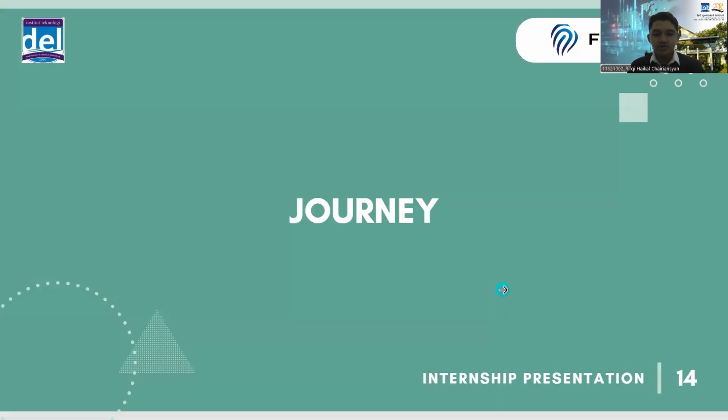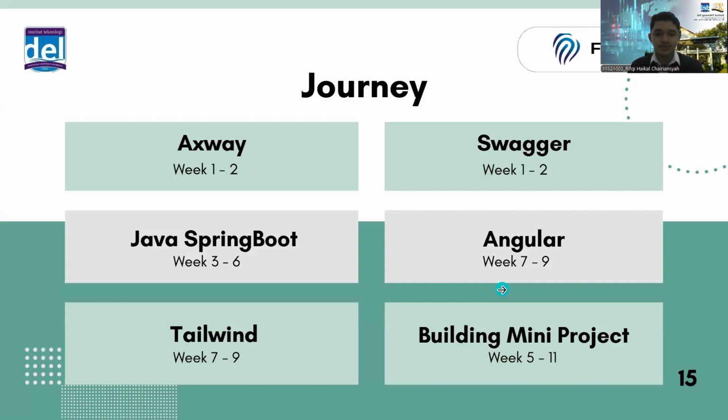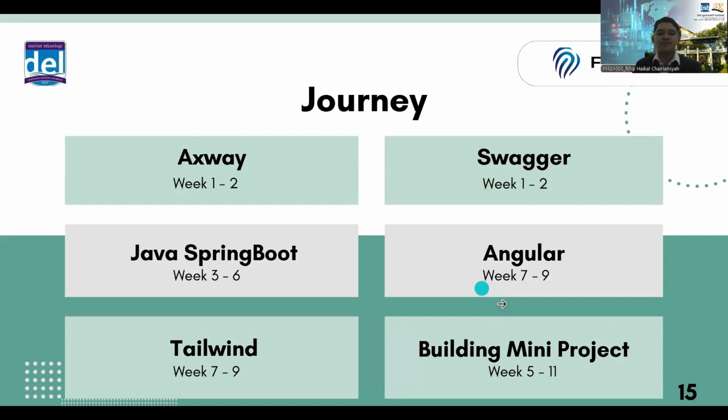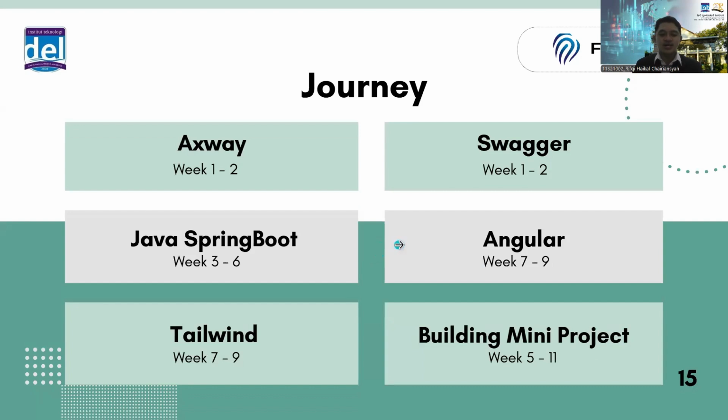And then we're going to the journey. During this internship, I've learned a great deal about managing and documenting APIs using platforms like Axway and Swagger in the first 2 weeks. These skills have been essential in helping me understand how companies like Flip Group manage their APIs in a fast-paced digital environment. In weeks 3 until 6, I learned Java Spring Boot for implementing logic and handling the backend.